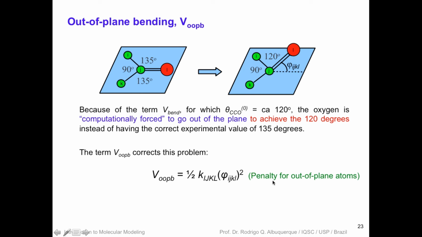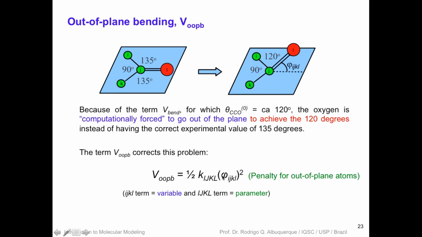So this may be seen as a penalty for out-of-plane atoms. These atoms would try to go back to the plane. You have, of course, another penalty from this term here, but if you use an appropriate force constant here, the energetic penalty to go out of plane is much larger than the penalty of not having 120 degrees here.